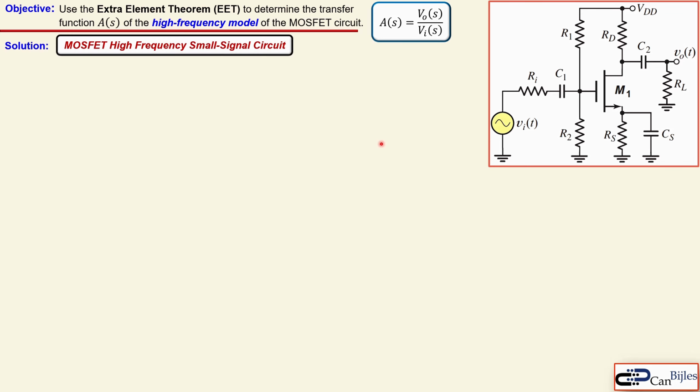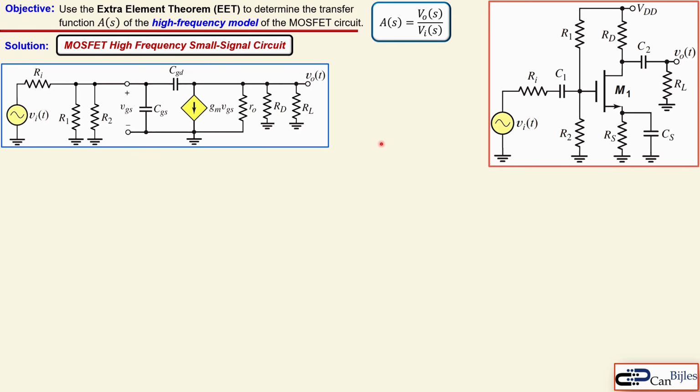We will start with the model in the high frequency region of our MOSFET. This is shown here. We see the gate node, the drain node, and our source node. This is the gate, that's the drain, and that's the source. For operation at high frequencies, we assume that the capacitors C1, C2 and Cs are perfectly shorted.